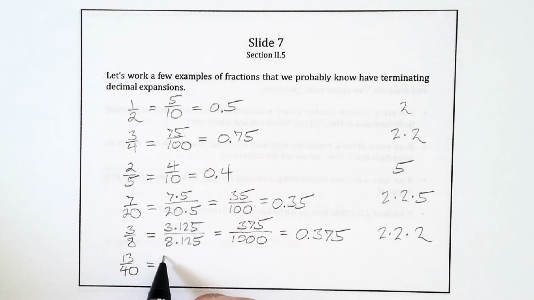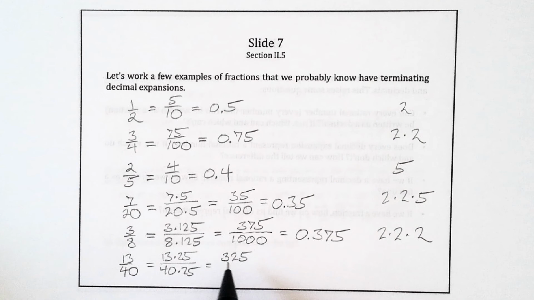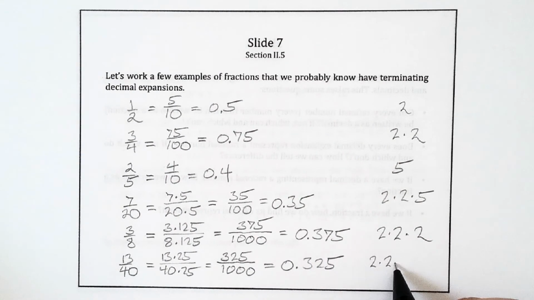If I multiply the top and the bottom by 25, I get 13 times 25, which is 325. And then 40 times 25 is 1,000. So that's 0.325. And then 40, of course, is 2 times 2 times 2 times 5.